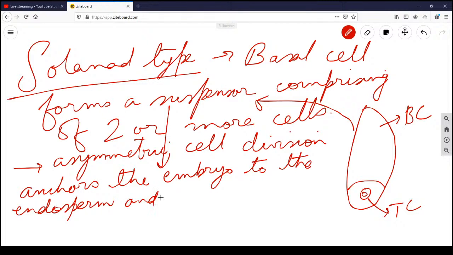A conduit means a transportation mechanism. It will help the nutrient to travel. So it's a conduit for the nutrient.